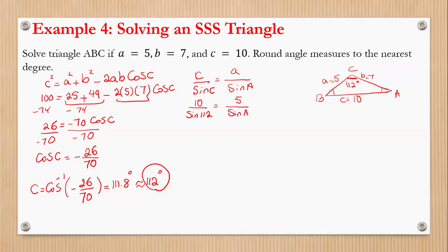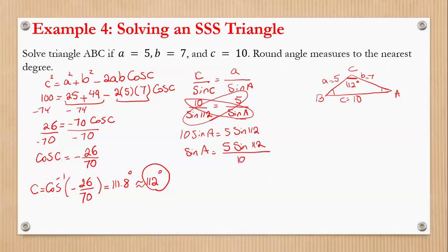Do the cross multiplying. So 10 times sine A should be equal to 5 times sine 112. Divide both sides by 10. So sine A must be equal to 5 sine 112 over 10.